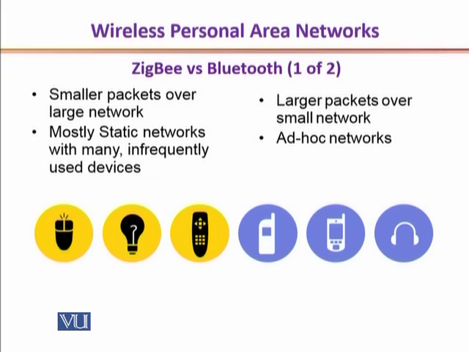Larger packets mean applications such as file transfer. On the contrary, Zigbee means smaller packets over larger networks because unlike Bluetooth, which is mostly a master-slave single-hop configuration, wireless PANs allow multi-hop configuration.